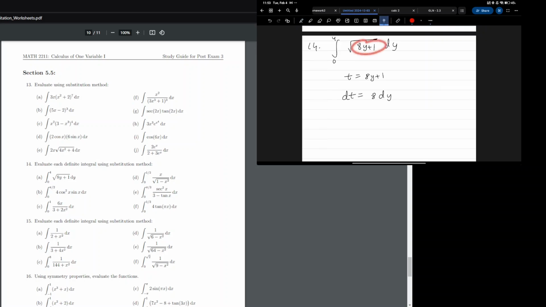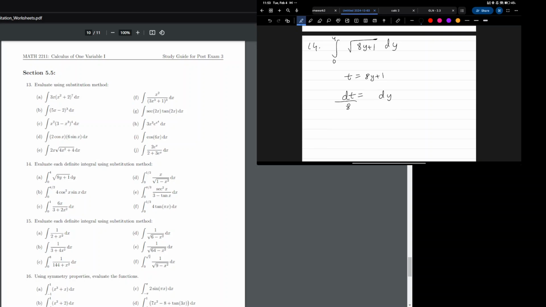So I have this to substitute over here. I need just a dy, but I have 8 dy. Let's move this 8 to the other side. It becomes dt over 8 equals dy. Perfect. That's the way Dr. Grinchpon prefers it, and that's the way I'm going to do it right now.